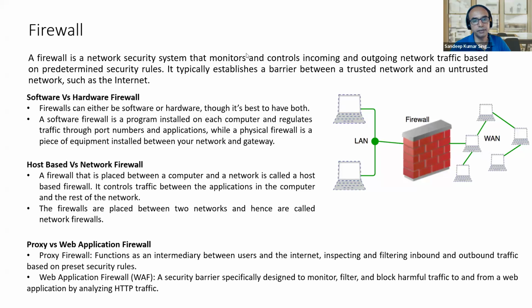How differently do the physical and software firewall work? See, the purpose of both of them is altogether different. A physical firewall sits outside your system, whereas the software firewall that we are talking about is all within the same system, right?